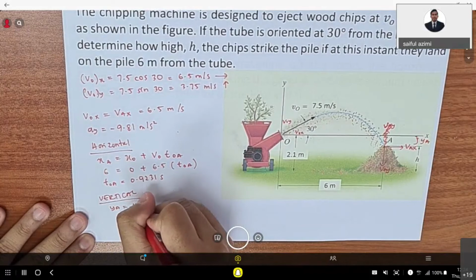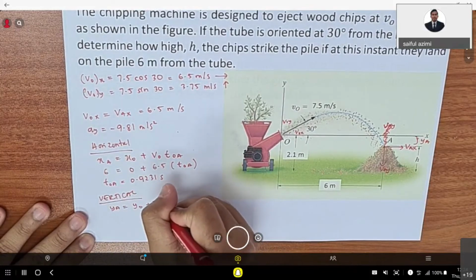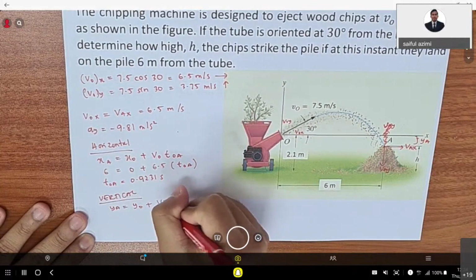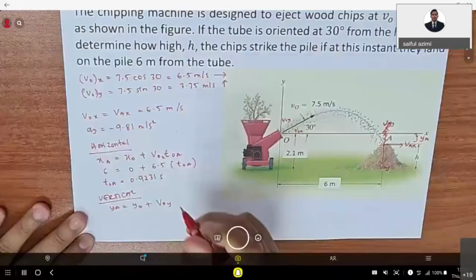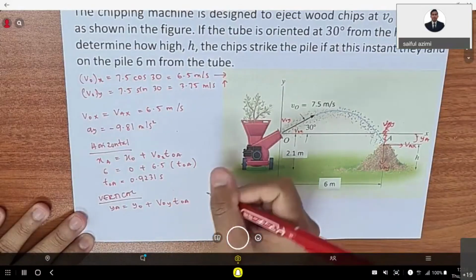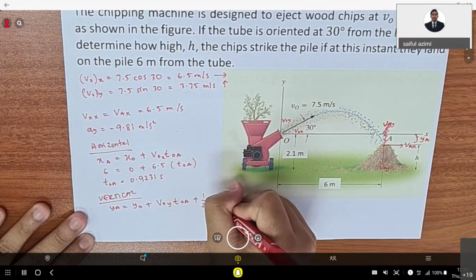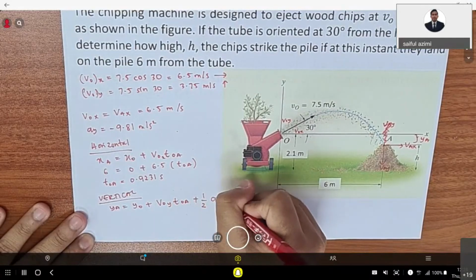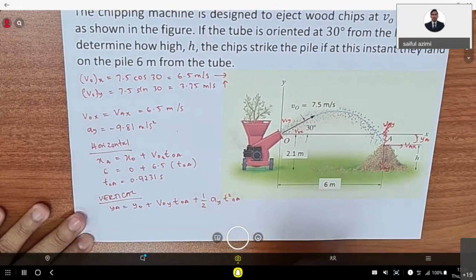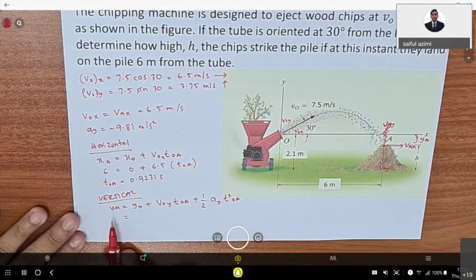YA equals Y0 plus V0y tOA plus 1/2 ay tOA squared. So what is YA here?